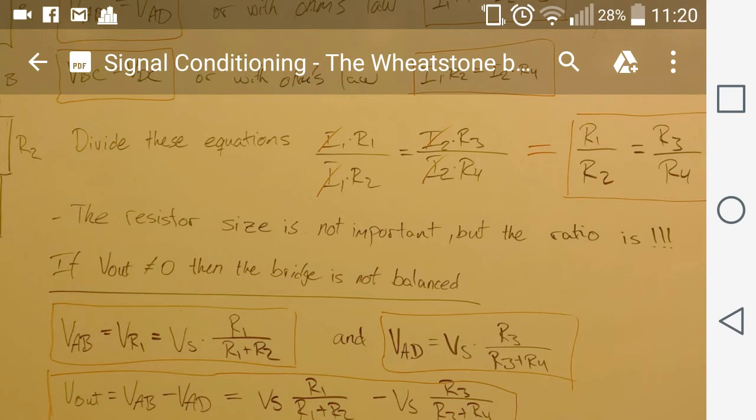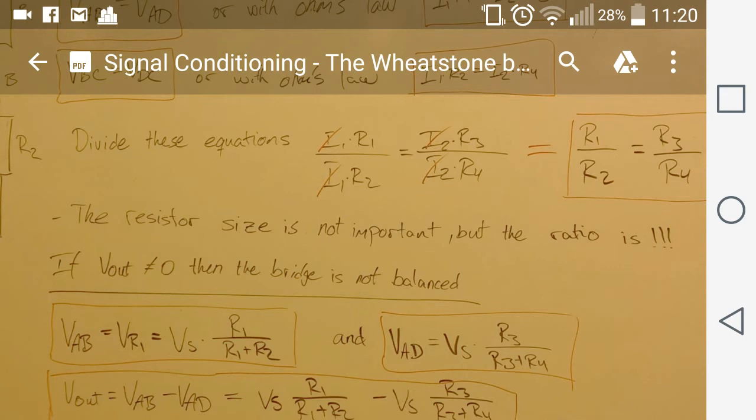The resistor size in itself is not important, but the ratio is. That is, the ratio between the two has to be equal for the bridge to be in balance.